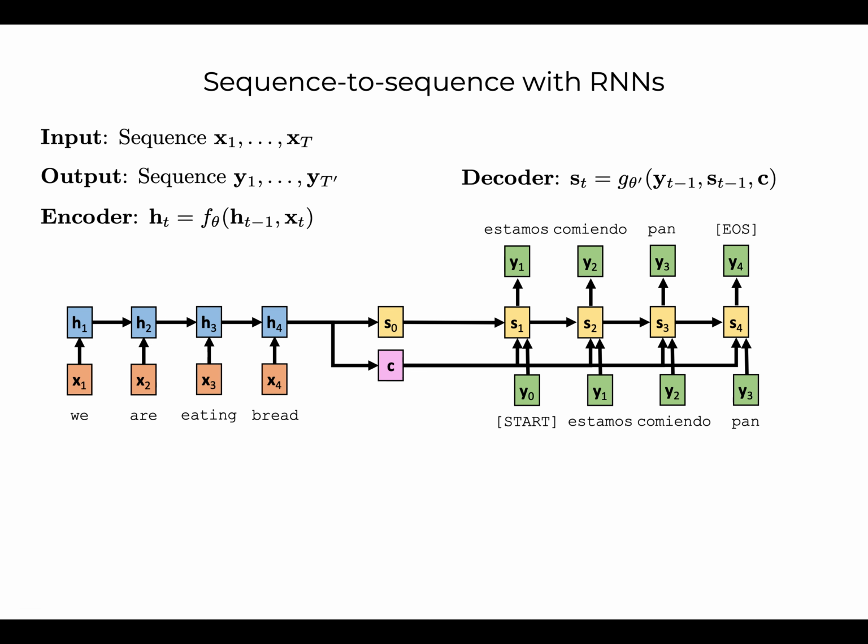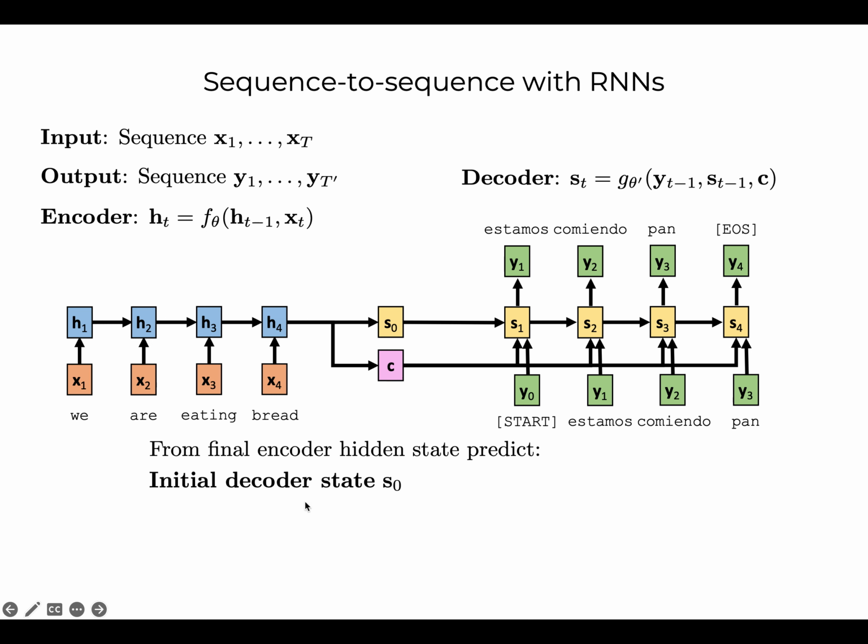In practice, rather than trying to pass everything through that final hidden state of the encoder and then hoping that the required information makes it all the way through the hidden states of the decoder, a better thing to do is to take the final hidden state of the encoder and from that predict the initial decoder state, S0. Usually that would just be some linear transformation.